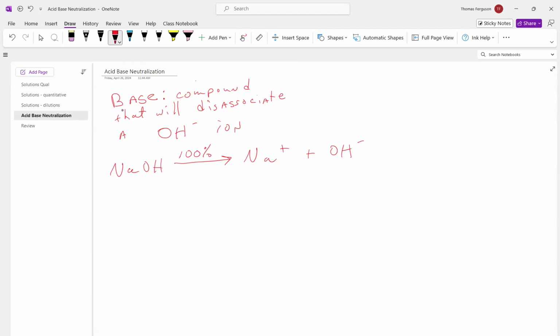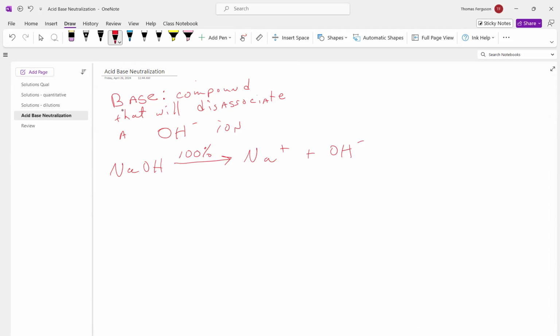So sodium hydroxide is a very strong base. When you finish mixing up a sodium hydroxide pellet, there's no powder left. That's because all the NaOH has become ions.